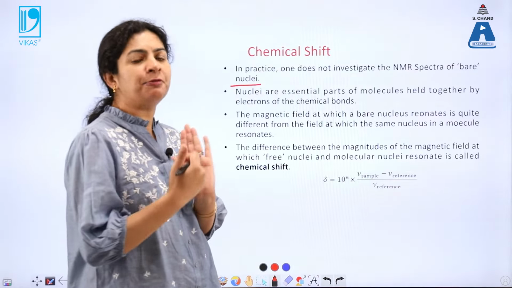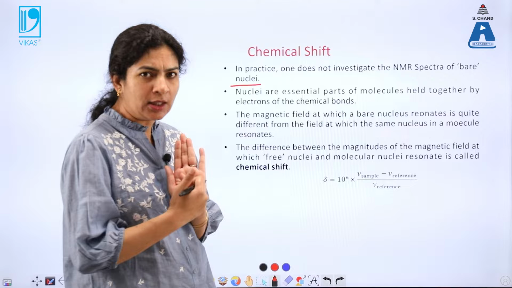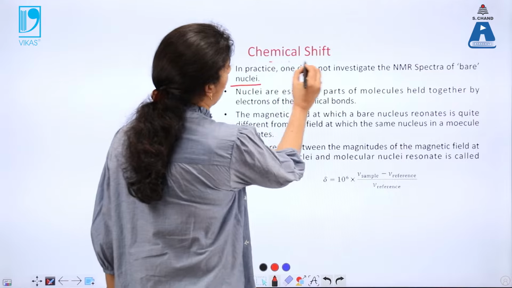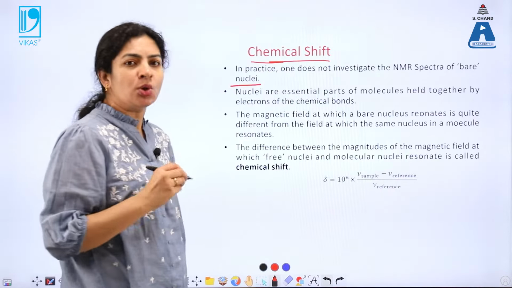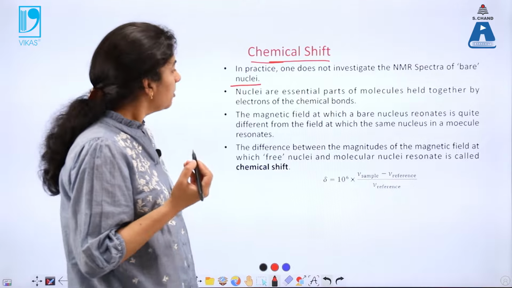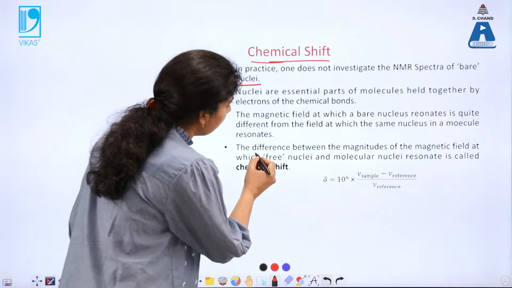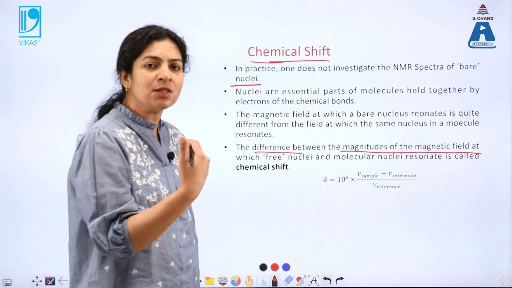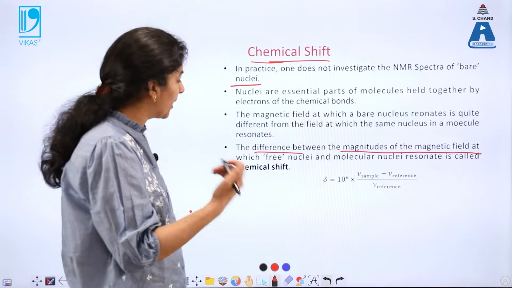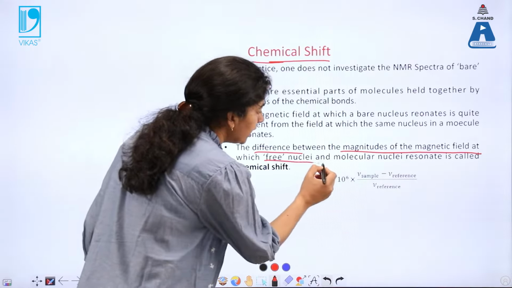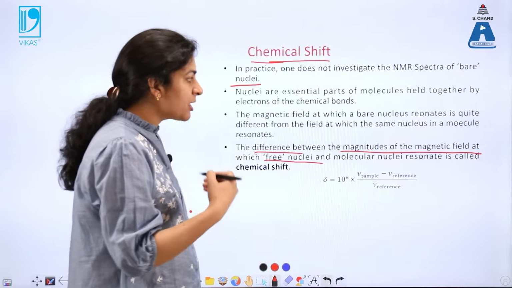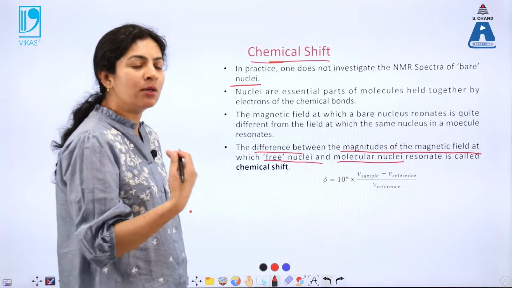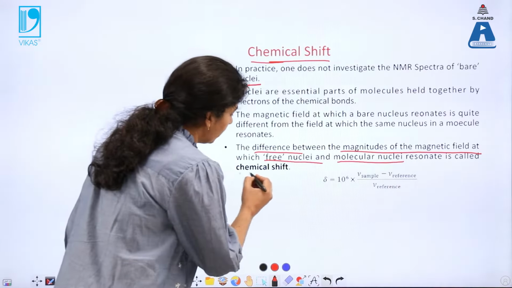This relative value of the strength of the magnetic field is quantitatively expressed by a quantity called chemical shift. Basically, it is the difference between B naught, the strength of the magnetic field at which a free nucleus absorbs, and that at which a nucleus which is part of the molecular framework will resonate. We call this quantity chemical shift.